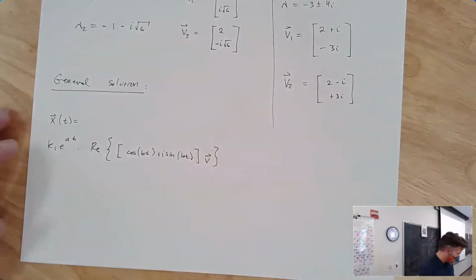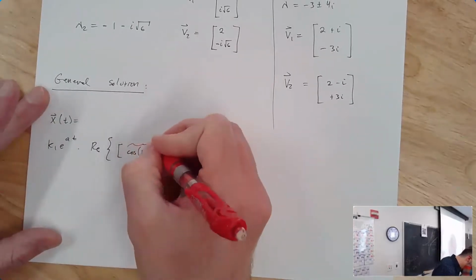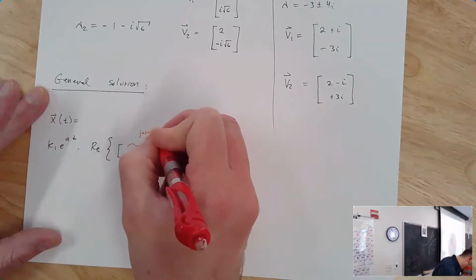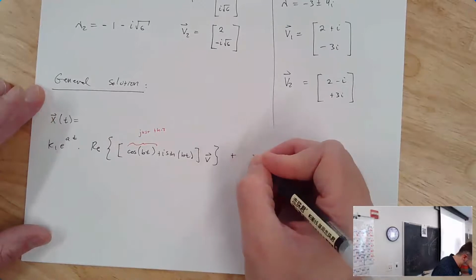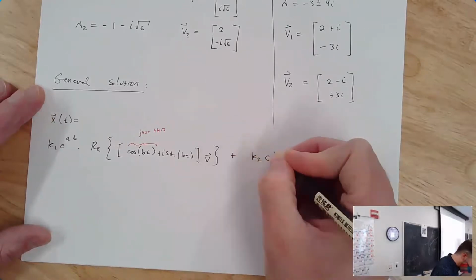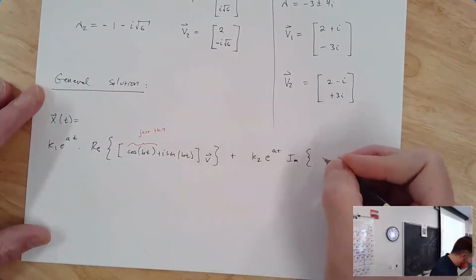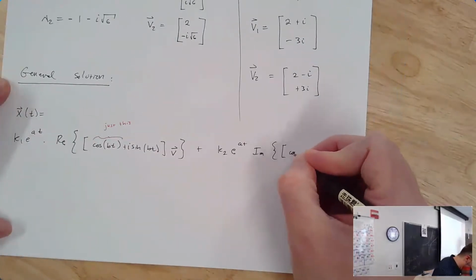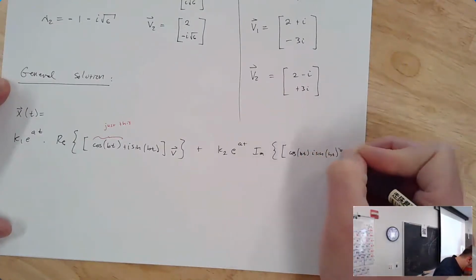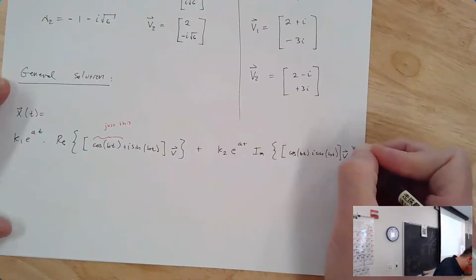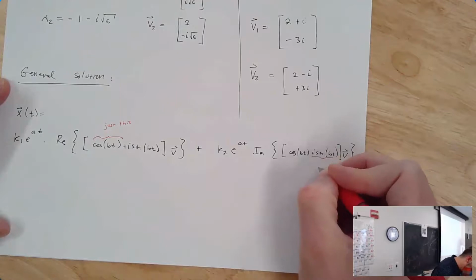But the real part is just this. And then we're going to add on another constant times e to the At times the imaginary part of the same thing, cosine of Bt plus i sine of Bt times V, which is just going to be that.